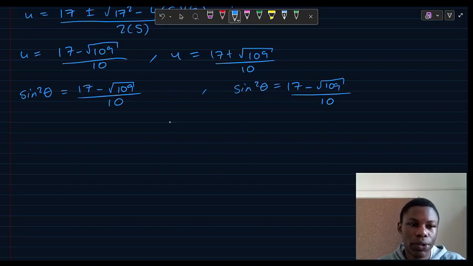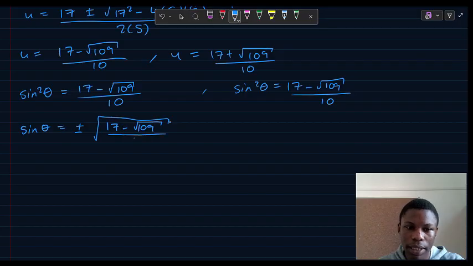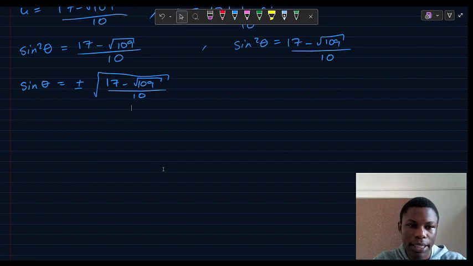Take the square root on both sides, so sine theta is equal to plus or minus the square root of 17 minus root 109 over 10. Remember to put your plus or minus anytime you take a square root.